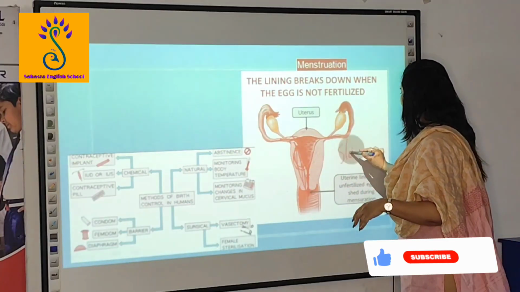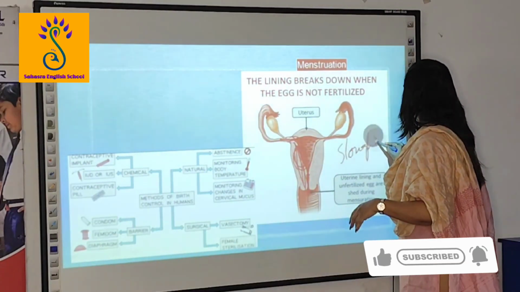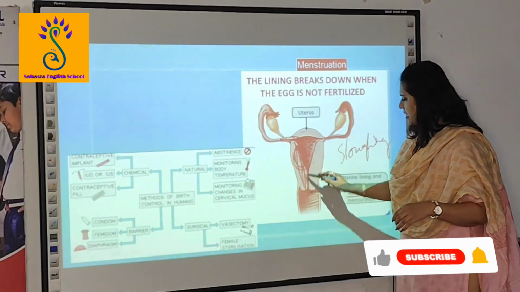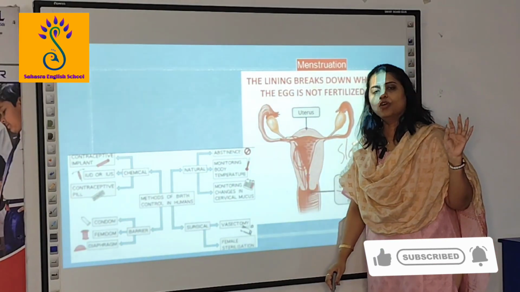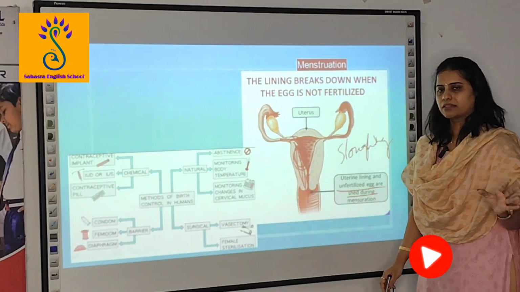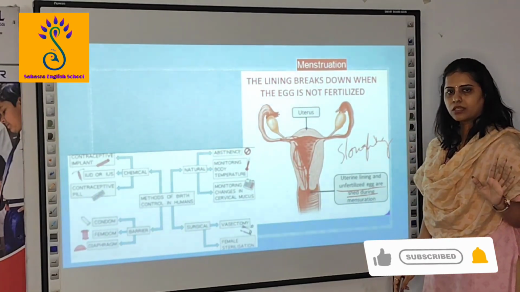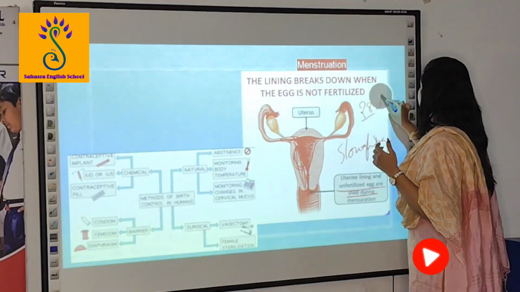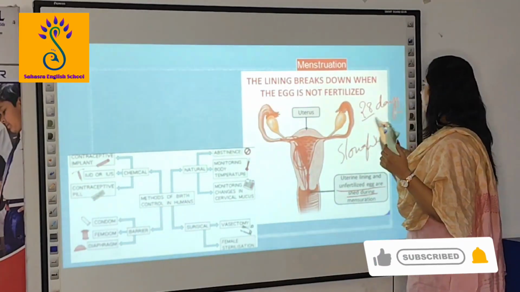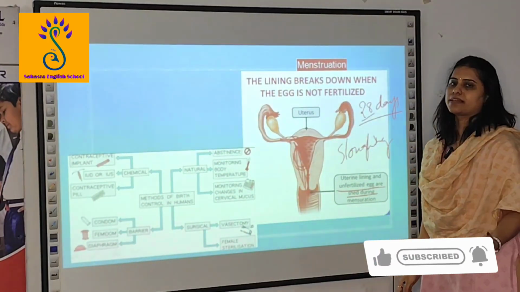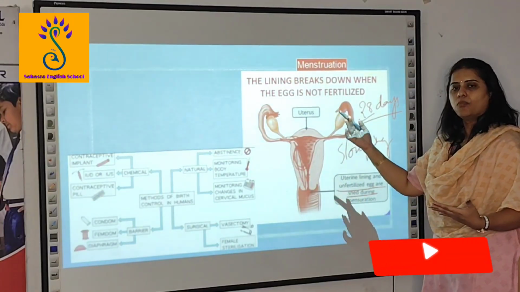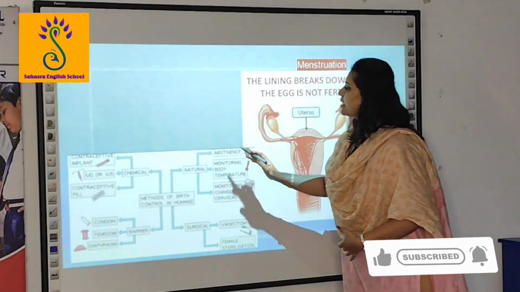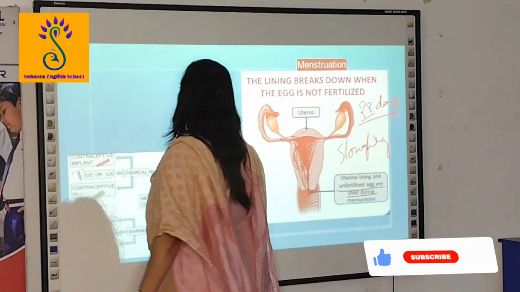That is called sloughing. The unfertilized egg comes out through the vagina as bleeding. That is called menstruation. The cycle is normally every 28 days. It may be more or less than that.